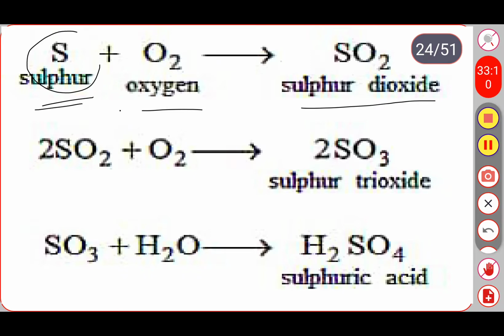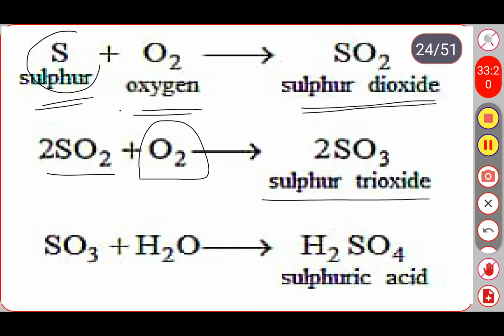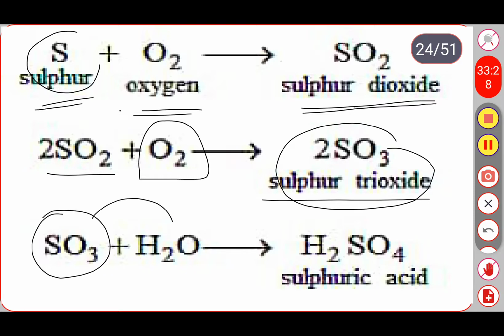When this sulfur dioxide is again combined with oxygen, it forms sulfur trioxide. Take this sulfur trioxide and dissolve it in water, or it combines with the water, and it forms sulfuric acid, that is H2SO4. So how can we obtain H2SO4?